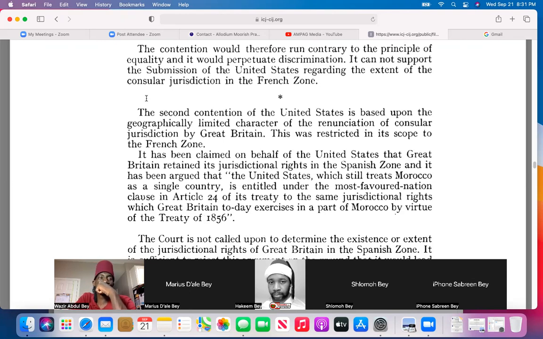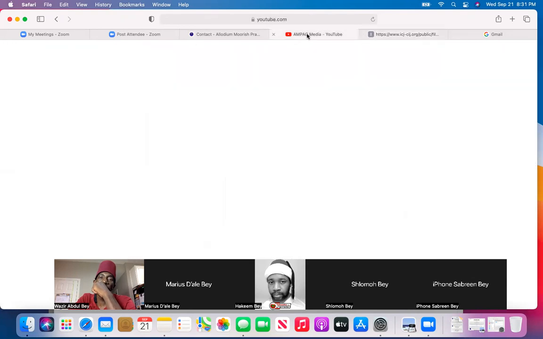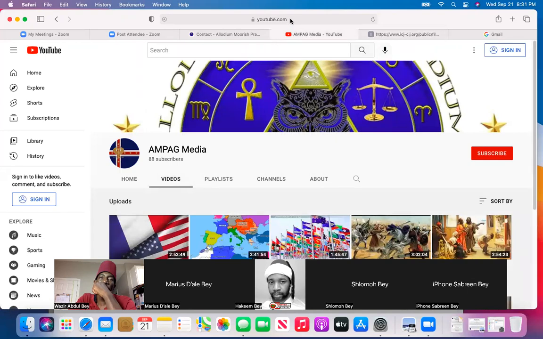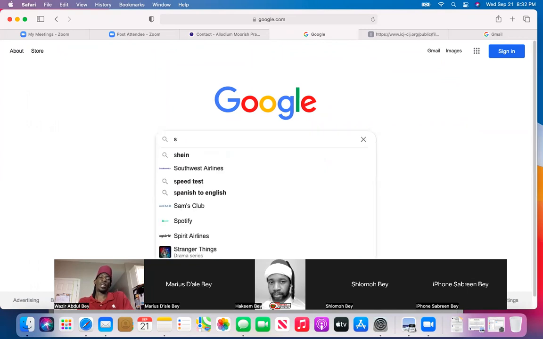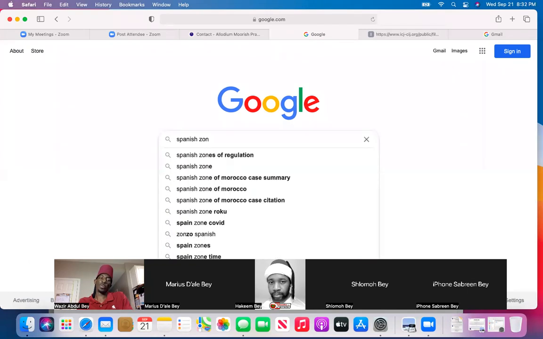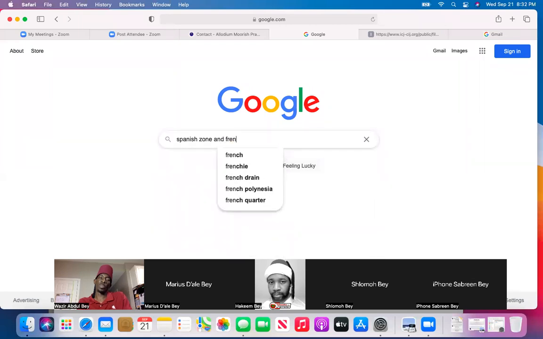Let me look something up real quick to add to the discussion, because it just came up. Go to Google. There's a map. So you've got the Spanish zone, French zone.